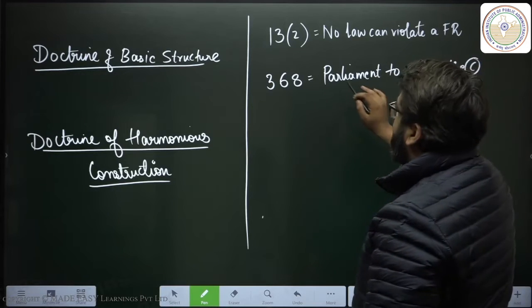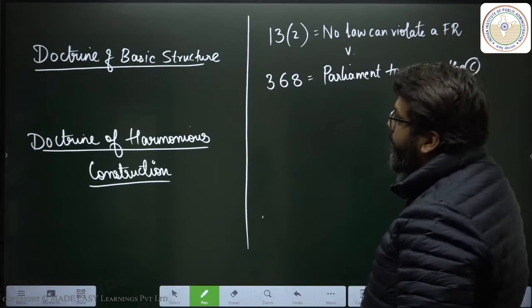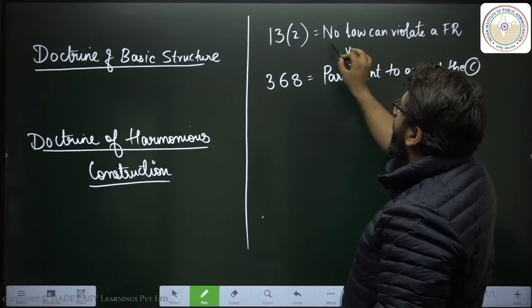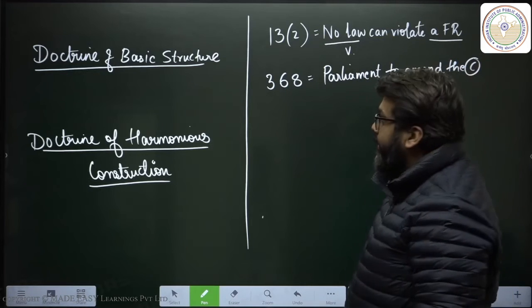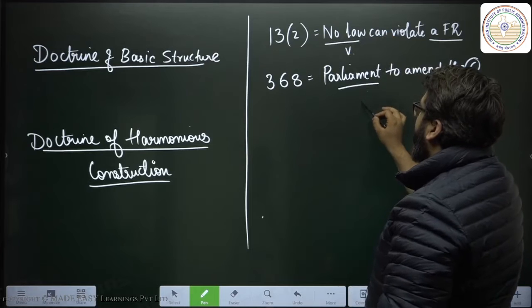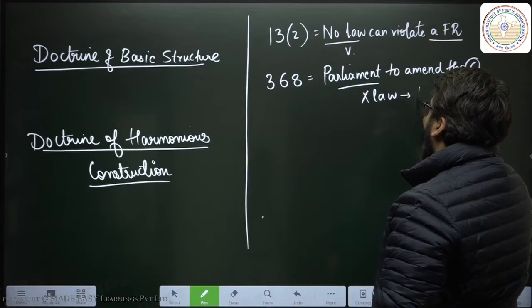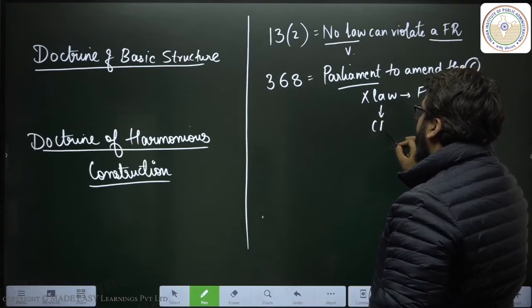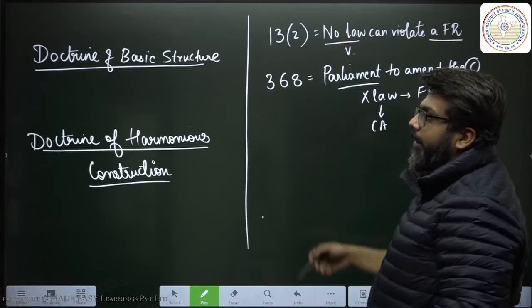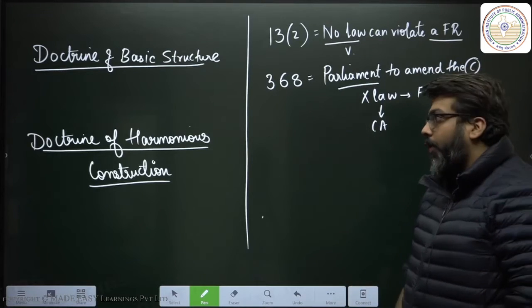Now, you must understand there is an inherent conflict. The conflict is, if no law can violate a fundamental right, then the Parliament cannot make any law to change fundamental rights, because a constitutional amendment is nothing but a type of law, because a constitution is also a law.